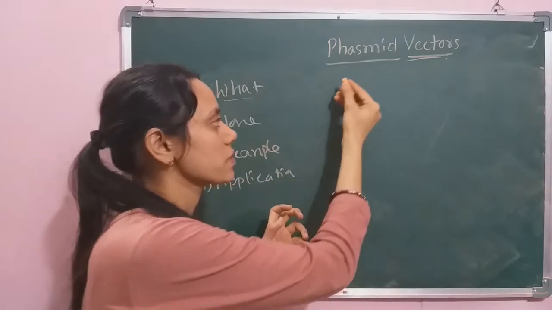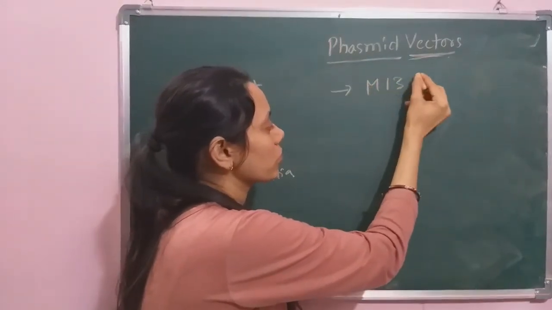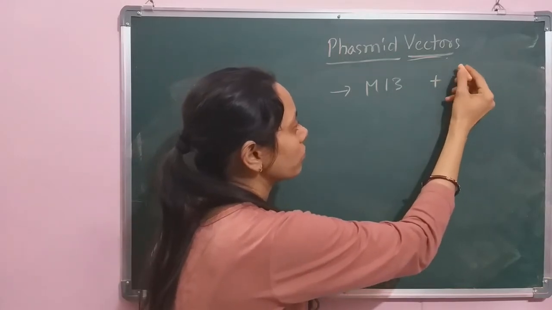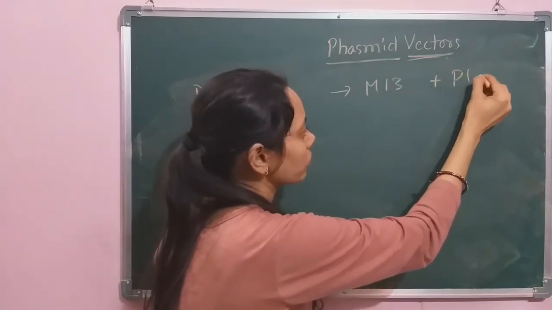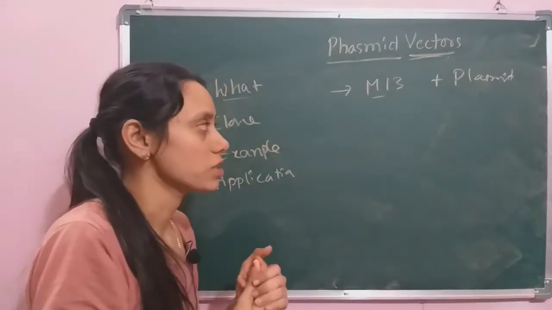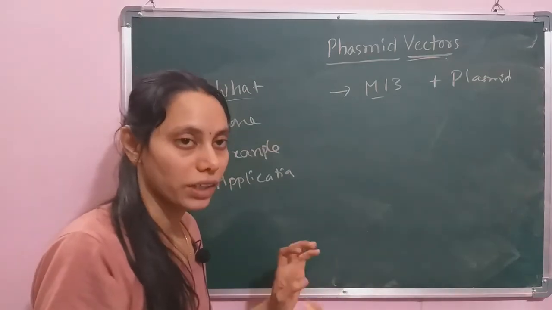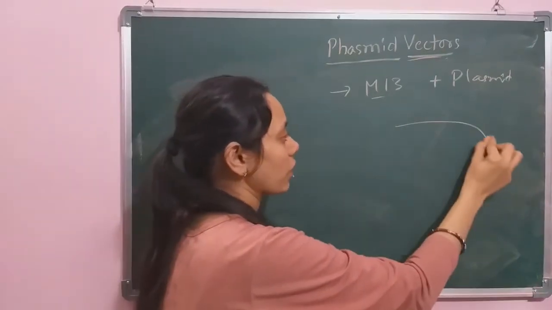As we already discussed, it is a hybrid vector obtained from M13 bacteriophage along with a plasmid. This M13 bacteriophage has the capacity to only infect the bacteria with the sex pili.